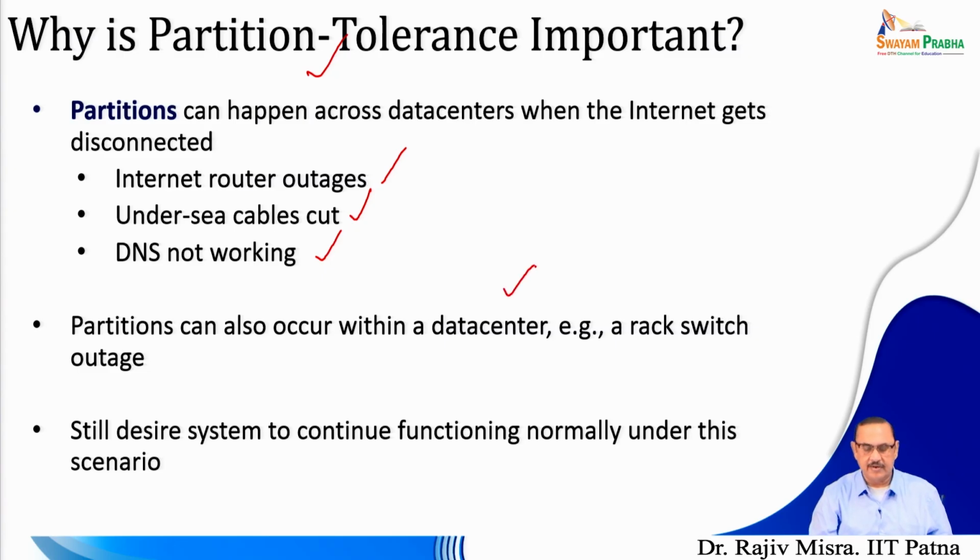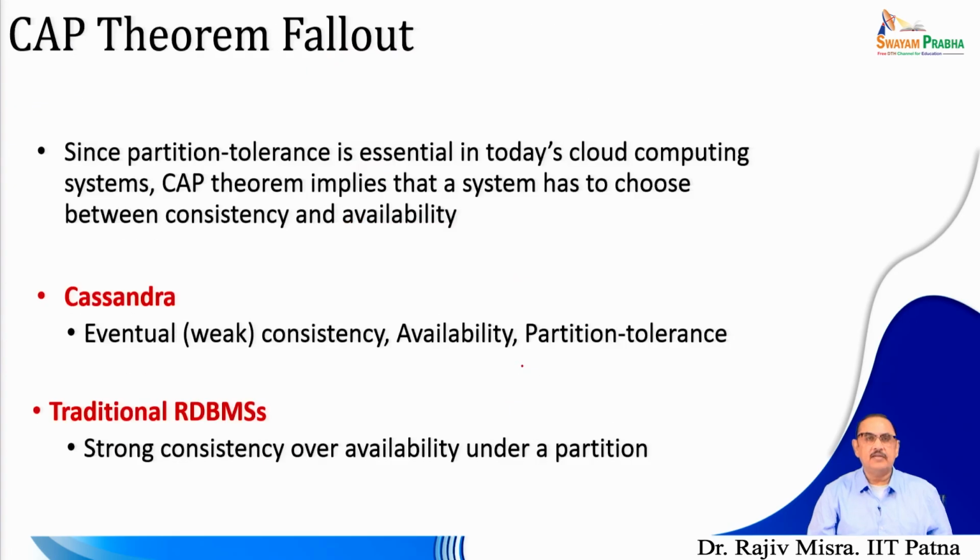Partition can also occur within the data center, that is, a rack switch outage. Still, it is desired to have the system continue functioning under the normal scenario, even tolerating the partitions or faults. So, what is the CAP theorem fallout?